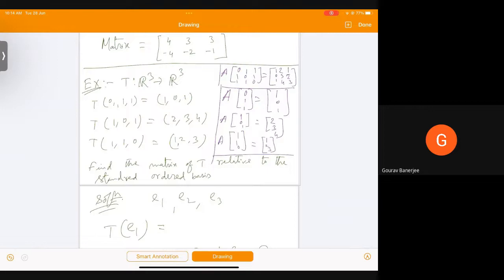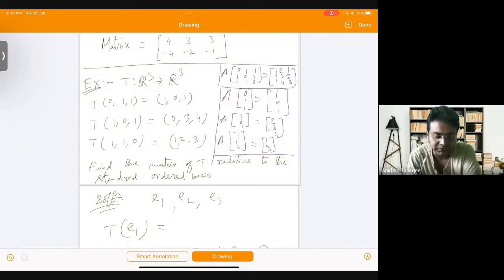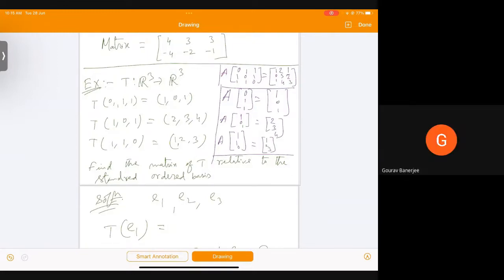Now I want to express in terms of the general three vectors which form the basis. So I just express these three in terms of E1, E2, E3.